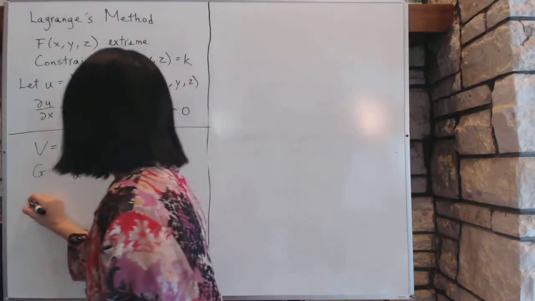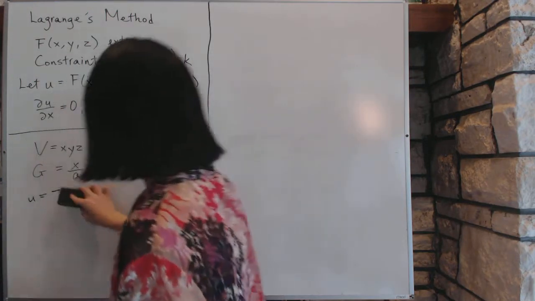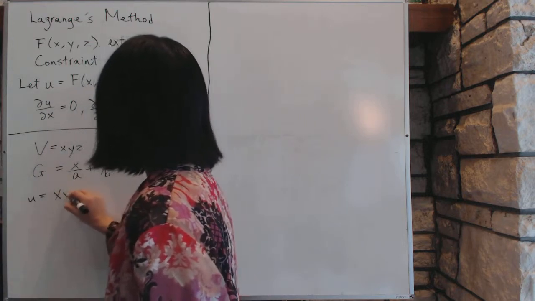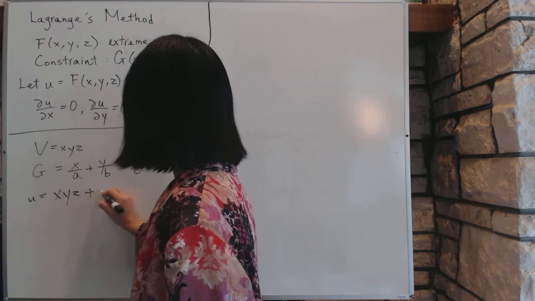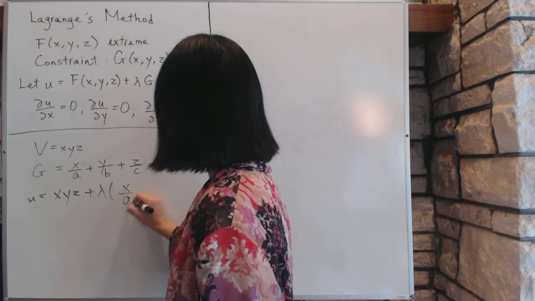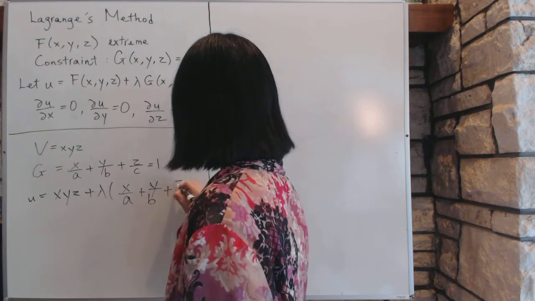We'll set u equal to f, which is just xyz, plus lambda times g. And g is this stuff, x over a plus y over b plus z over c.